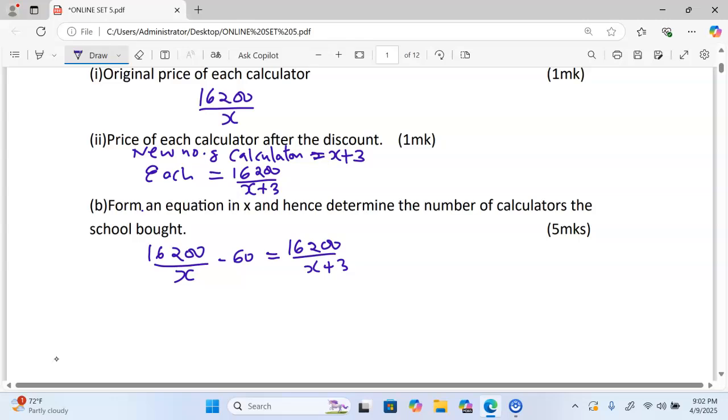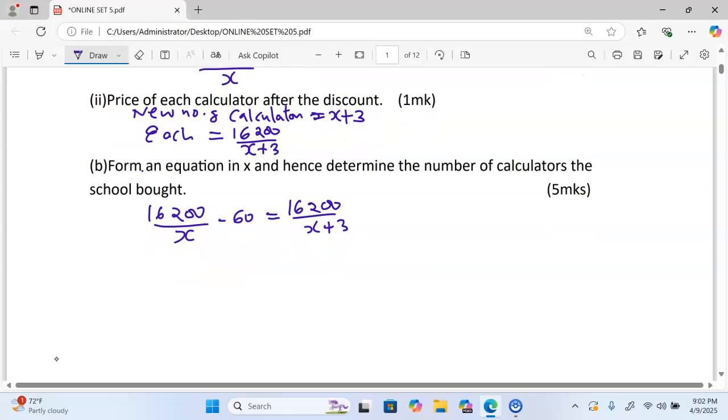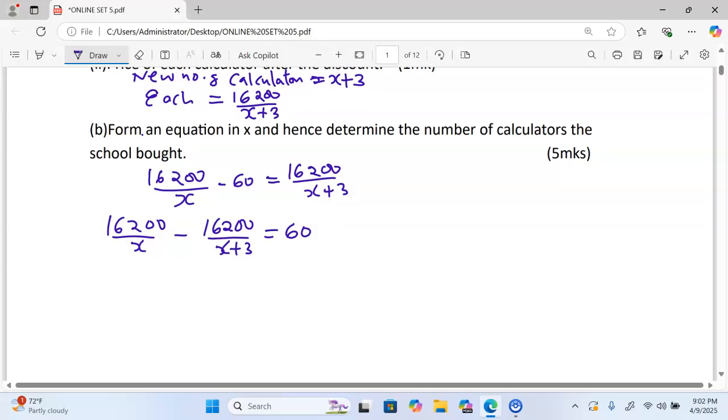In this case we can collect the like terms together. We have 16,200 divided by X. We move 16,200 over X plus 3 to this side, so we have minus 16,200 divided by X plus 3, and this is equal to positive 60 if we move 60 to the other side.